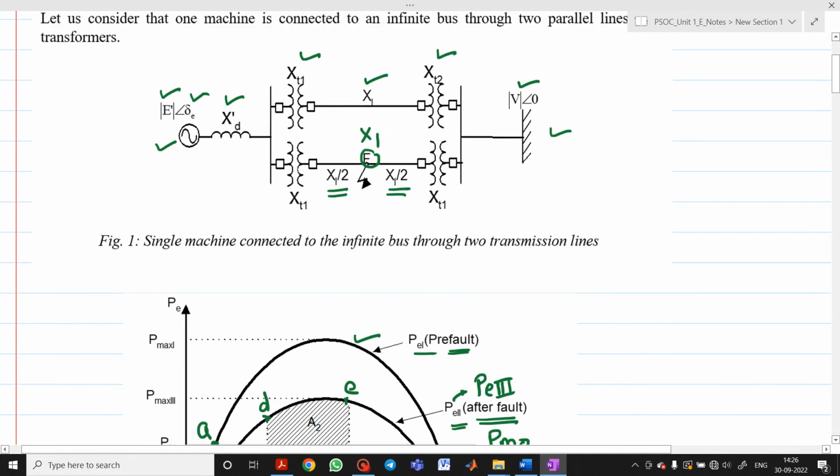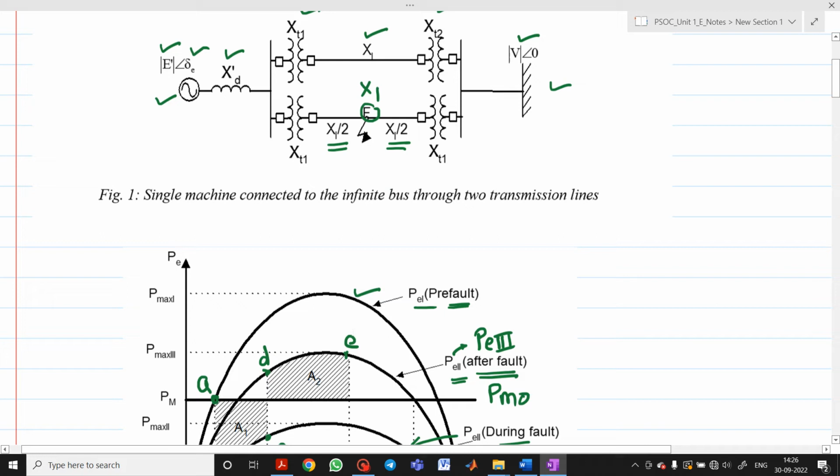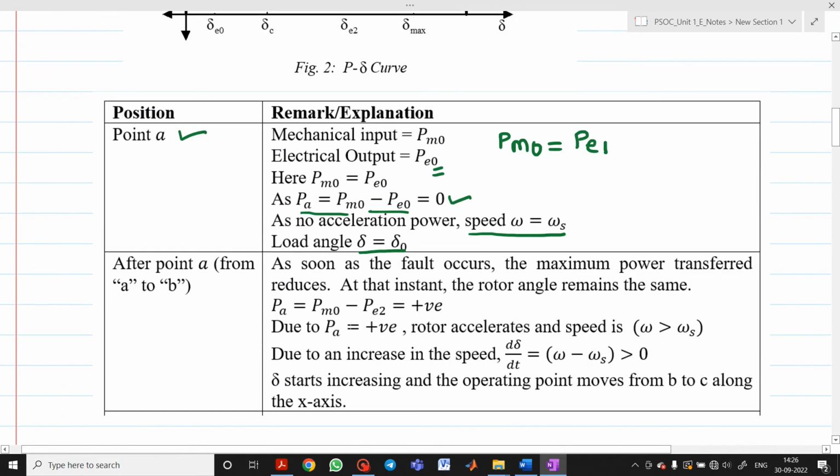Now it is observed that the fault takes place at point F here. So as soon as there is a fault, the maximum power transfer will reduce, because whenever there is a fault there will be a reduction in the voltage, and we know that P equals EV upon X. So as V reduces, P is also going to reduce. If I write sin delta here, then this will be PE.